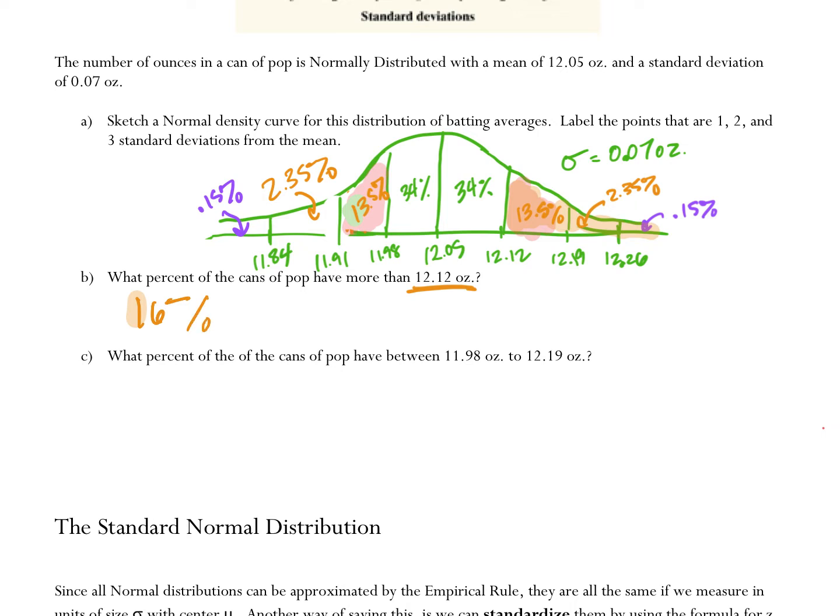How would you guys feel if I told you then 12.12 ounces is the 84th percentile? Would that make sense to you, y'all? Because what percent's beneath it? If there's 16% above it, there's 84% beneath it. So I'm maybe trying to lay some groundwork that the area left of a place on this curve is also its percentile.